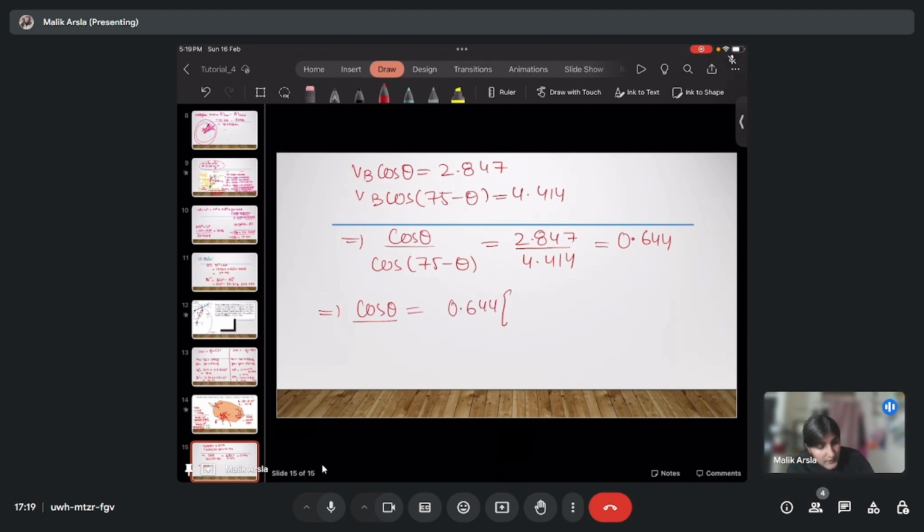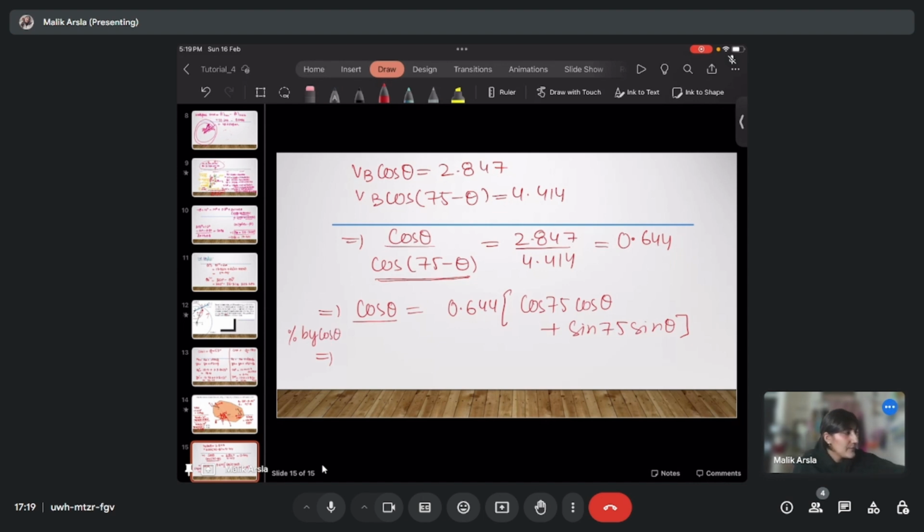Now look closely, I am expanding this. Cos of a minus b will be cos a cos b plus sin a sin b. Now I can divide the whole expression by cos theta.